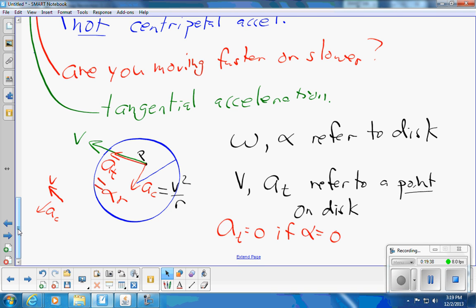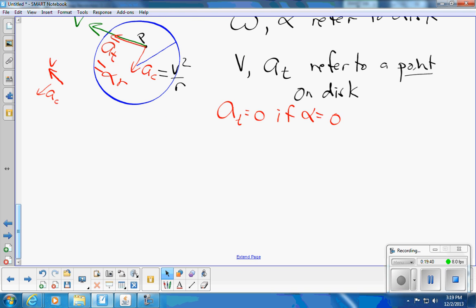So let me just say a little something about centripetal acceleration. AC is v squared over r. We've derived that in the past. It's still true. As long as you have a v and you're an r away from the center, your AC is v squared over r. Sometimes it's useful, though, to look at this from the viewpoint of quantities from rotational kinematics.